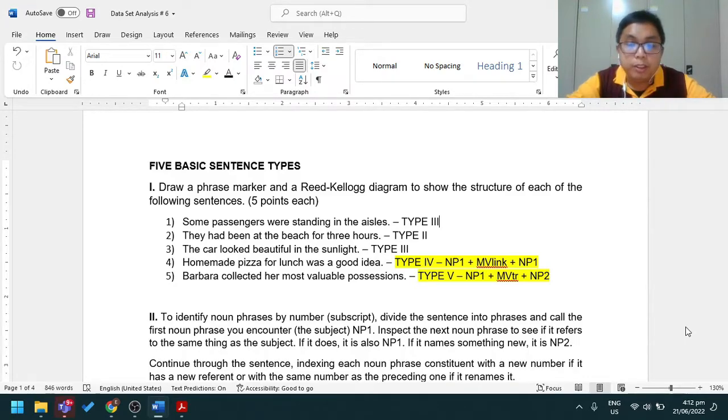Therefore, since both of them are noun phrases which refer to the same referent, you have your type 4. Now for number 5, this is considered a type 5 since NP1 stands for Barbara. The transitive verb is collected, and the second noun phrase or NP2 is her most valuable possessions. Clear enough, this shows a transitive type sentence.